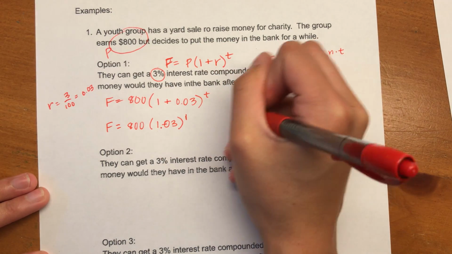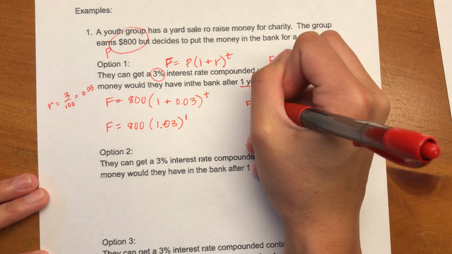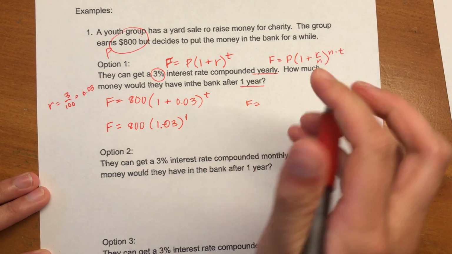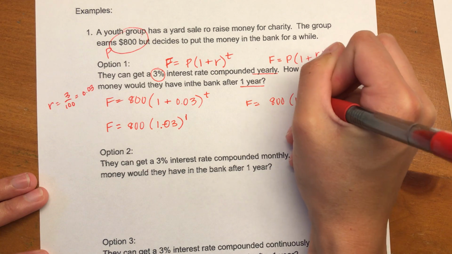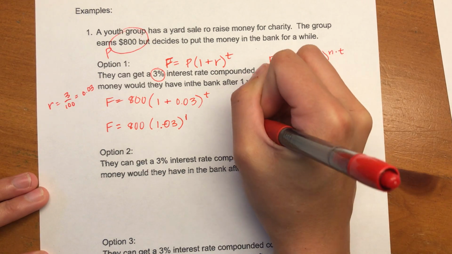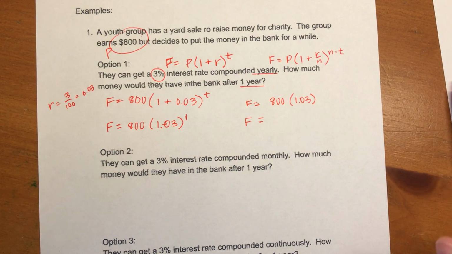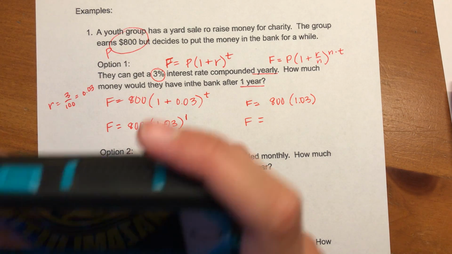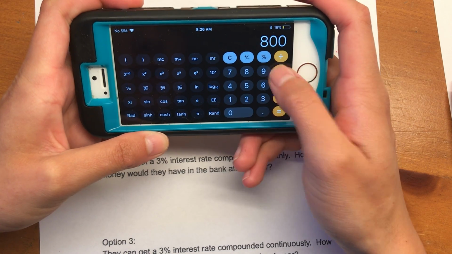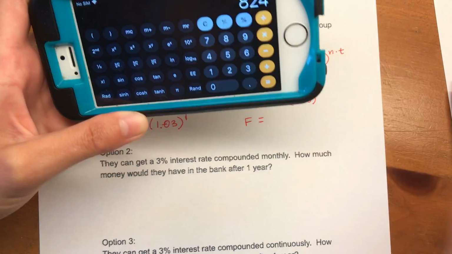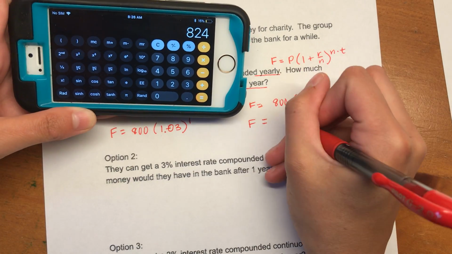Okay, so then we get F equals, and 1.03 to the 1 is just 1.03, so 800 times 1.03. Now that I can't do without a calculator, so I'm going to go to my calculator and say, okay, what is 800 times 1.03? 800 times 1.03 is $824.